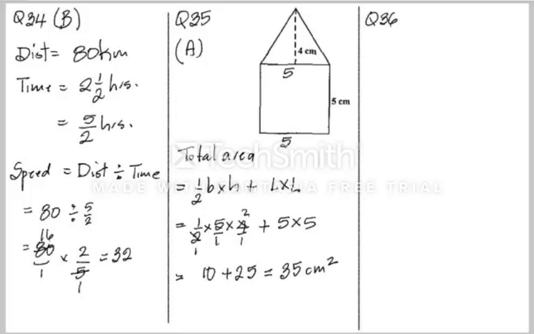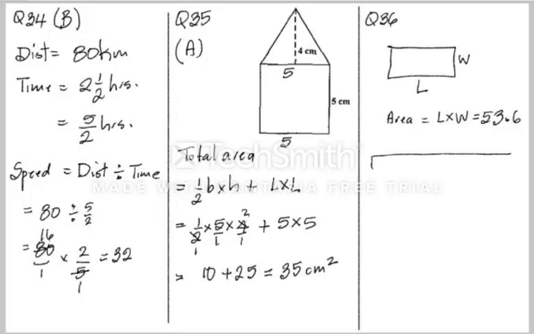If its length is multiplied by 4 and the width is halved, the area would then be, all right, so there's a rectangle and the length is L, the width is W, and the area, which is length times width, is 53.6.